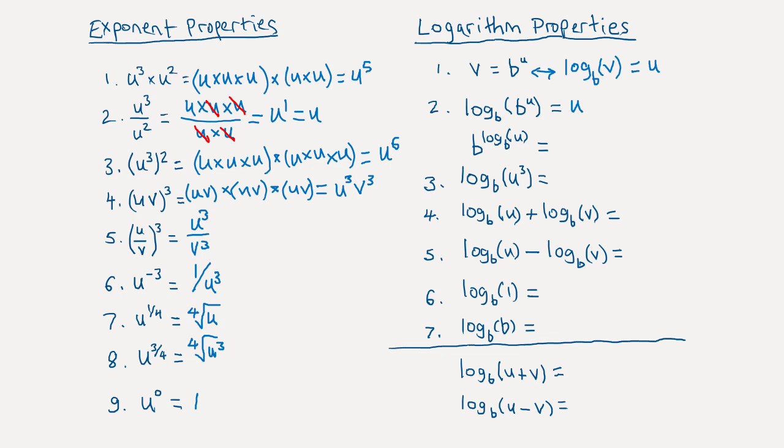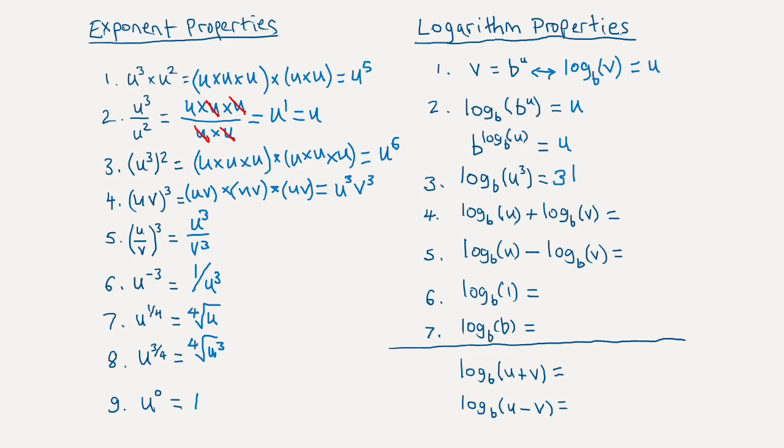And the second part of this one, if I have b to the power, the base b logarithm of u, again I just get u back. And then number 3 here, if I take the logarithm of u raised to the power 3, I can take the 3 outside as a multiplier.